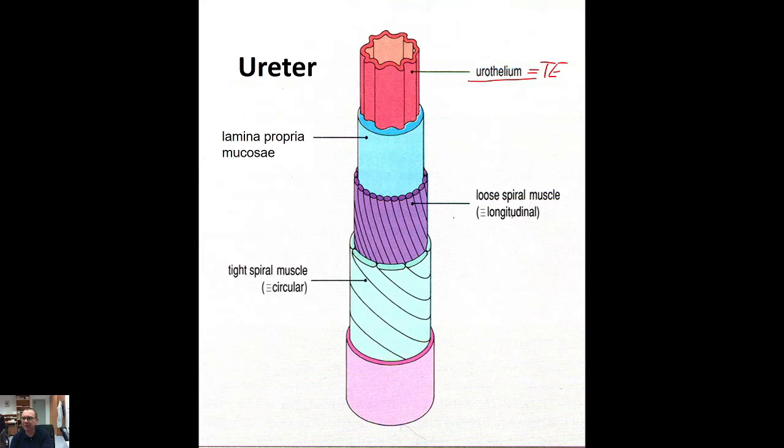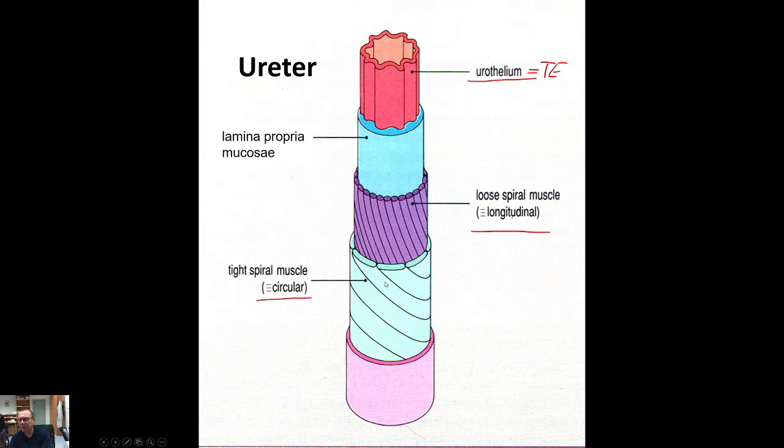And as I already said, the innermost is more longitudinal, the outer is more circular. Of course, this longitudinal and circular appearance is in fact the result of the different spiralization.